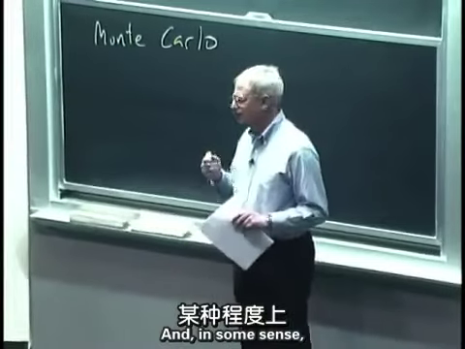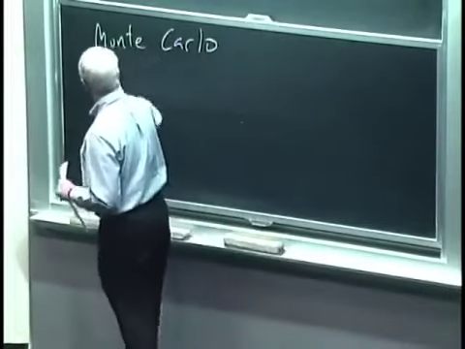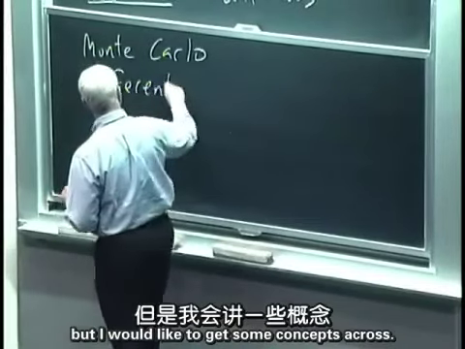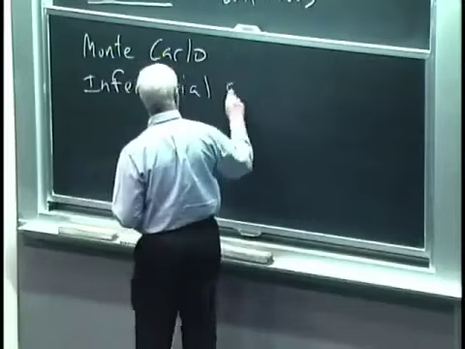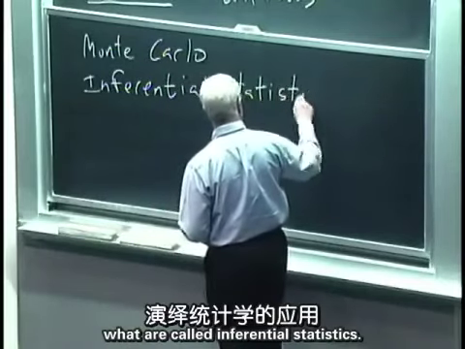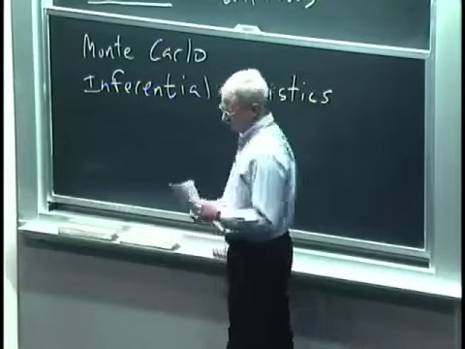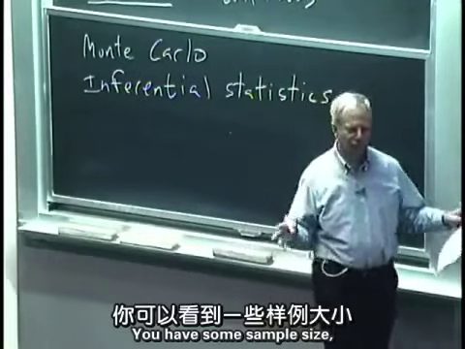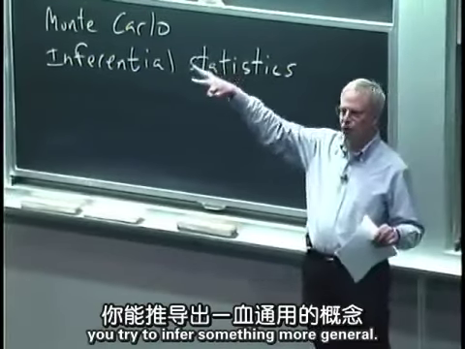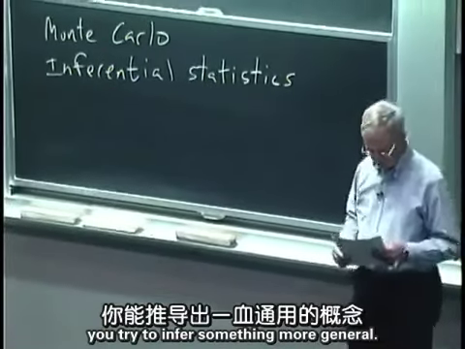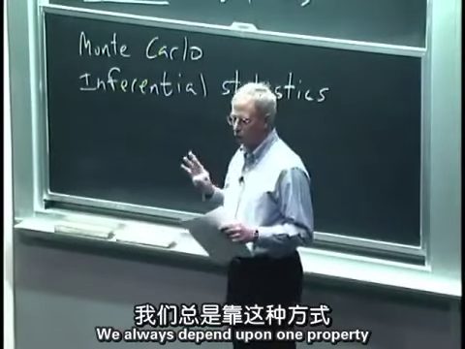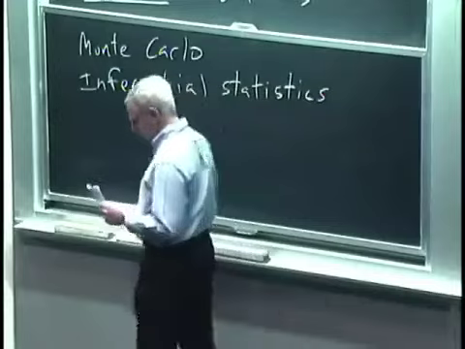And in some sense, I won't go into a lot of the math, but I would like to get some concepts across. This is an application of what are called inferential statistics. You have some sample size, some number of points, and from that you try to infer something more general. We always depend upon one property when we do this.